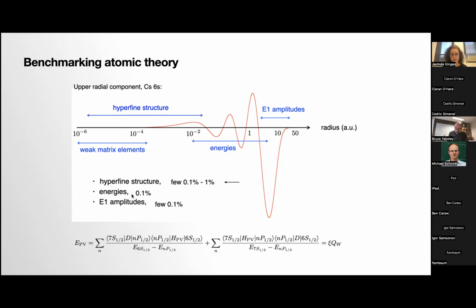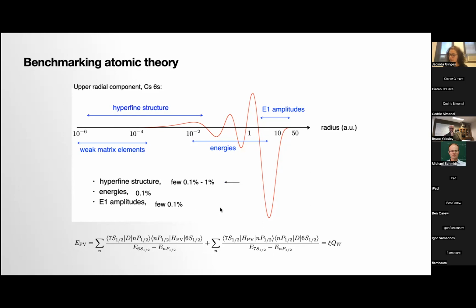So what we see is that energies are really good to about 0.1% against experiment. For E1 amplitudes, it's a few fractions of a percent. For hyperfine structure, what we saw is that the deviations can be quite significant, even reaching about 1%. And so that's what sort of started me down this path some time ago. And the question really was, what is it about the hyperfine structure that we don't understand?